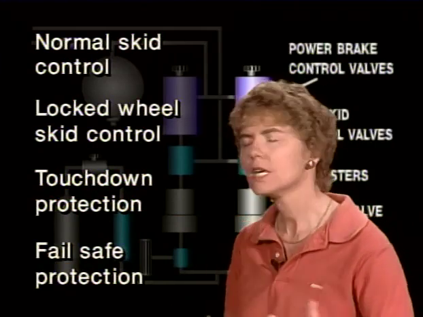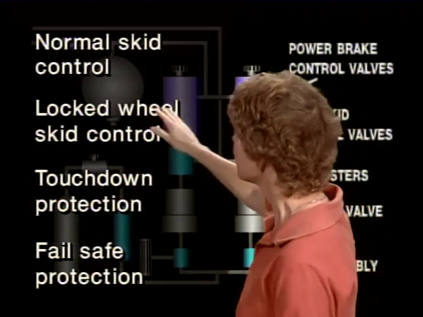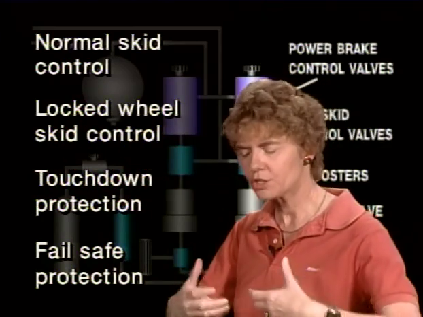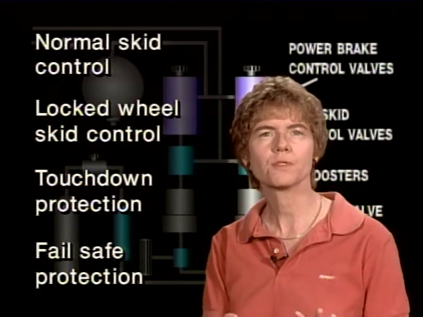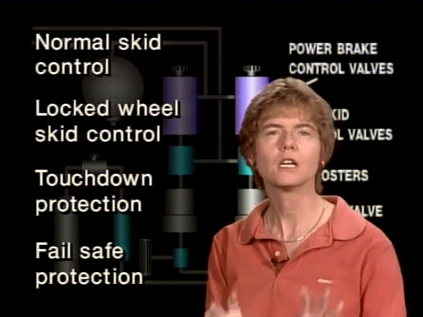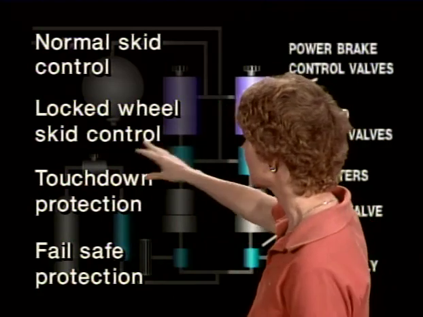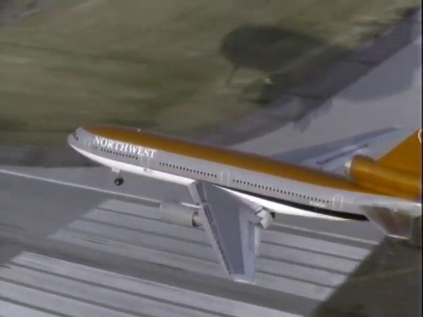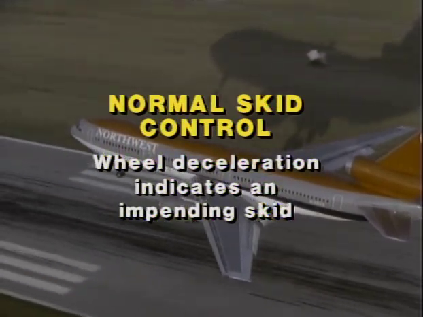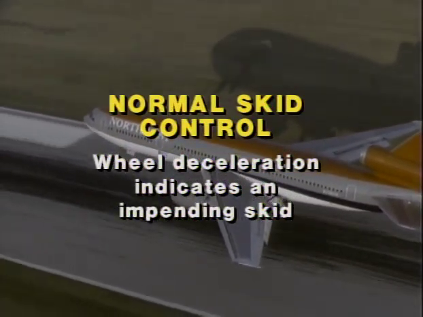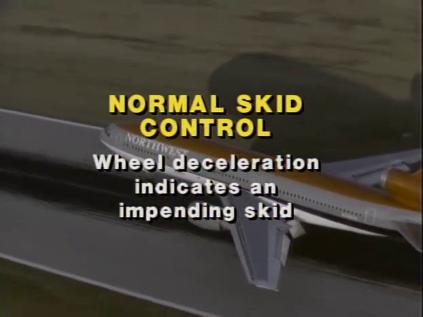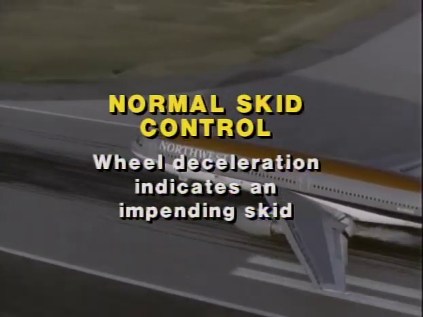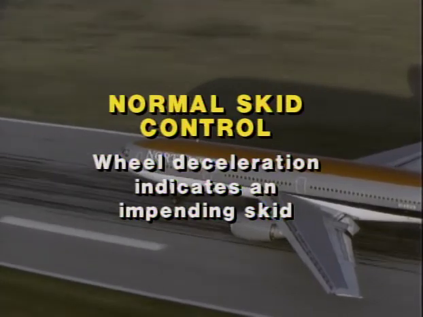The locked wheel skid control is when the anti-skid is actually doing its thing because you're on ice or water or something that's causing the aircraft to skid, and it's doing its normal anti-skid function. Normal skid control is when the wheel rotation is slowing down, decelerating enough that it indicates an impending skid, and the anti-skid system releases the brakes a little bit to increase the speed of the wheel rotation.